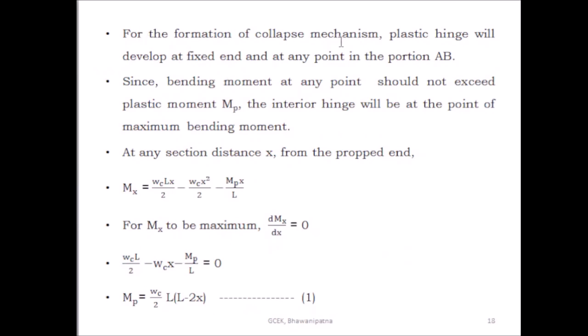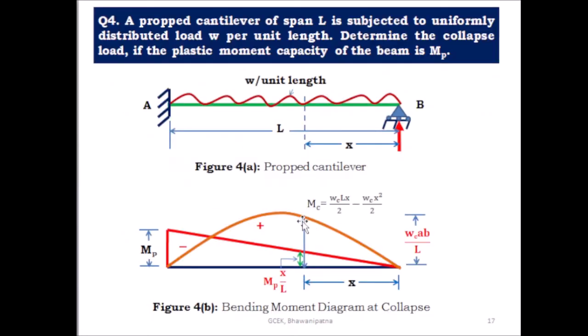For the formation of the collapse mechanism, a plastic hinge will develop at the fixed end and at some point in the portion AB. Since the bending moment at any point should not exceed the plastic moment, the interior hinge will be formed at the point of maximum bending moment.